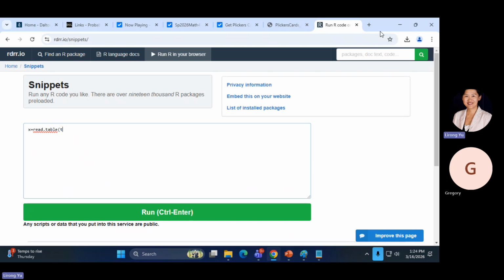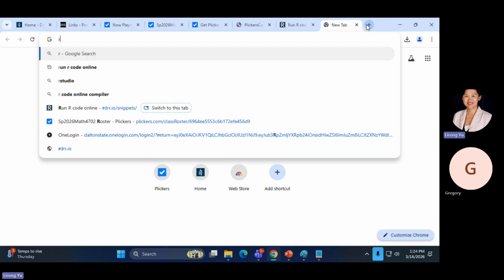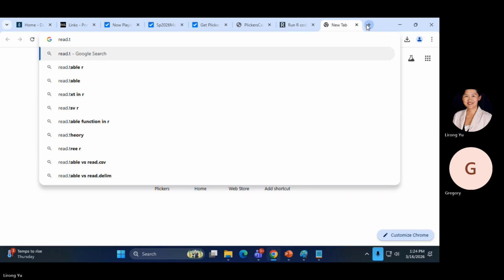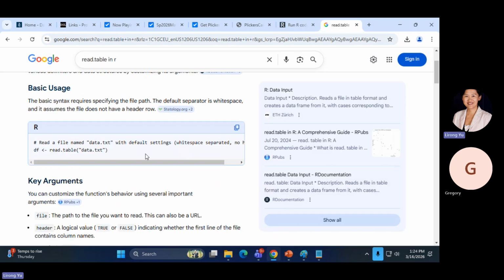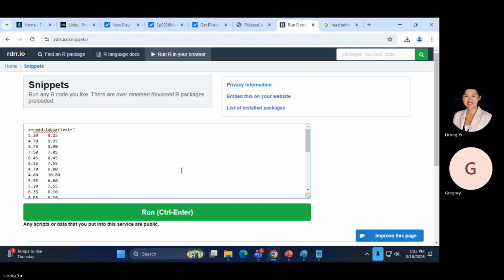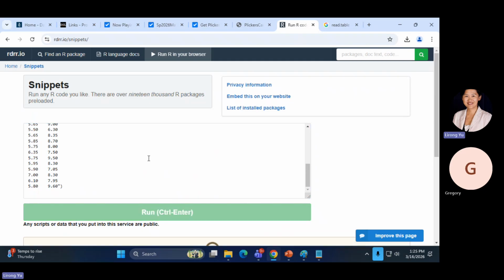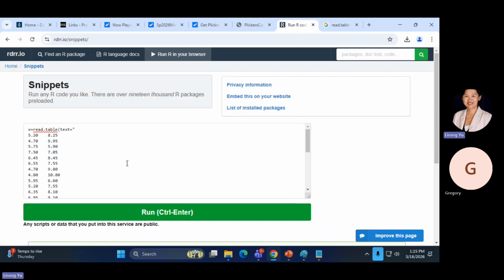Read.table, and then enter text equals all these numbers. I wonder if I have to write into the text. Let me make sure my syntax is okay. I wonder if this works. It works. So if we are using read.table with inline text, this is what happens.